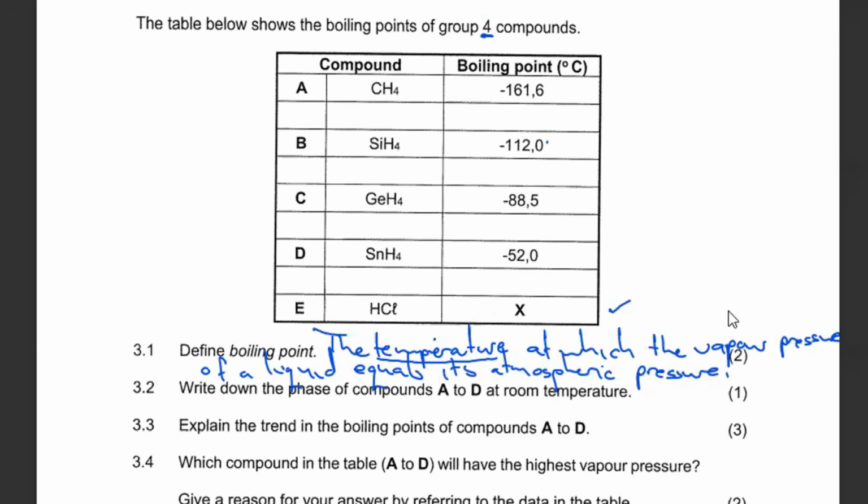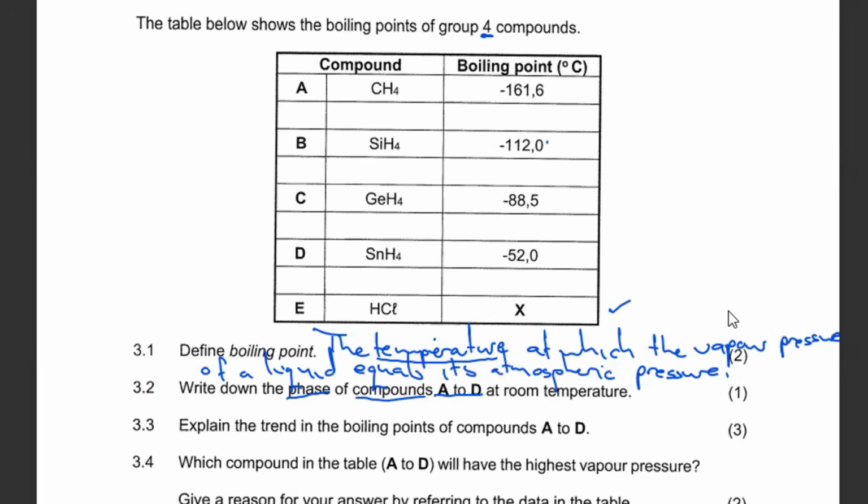Like that. Now 3.2: write down the phase of compounds A to D at room temperature. So we need to know the phase: are they liquid, solid, or gas? Look at this.